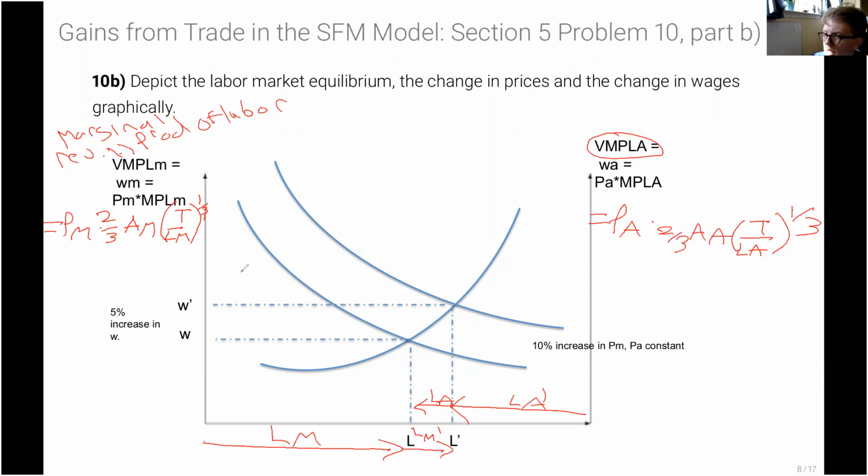And you can see that the marginal revenue product of labor, let's pick manufacturing now, is going to be decreasing in the amount of LM.